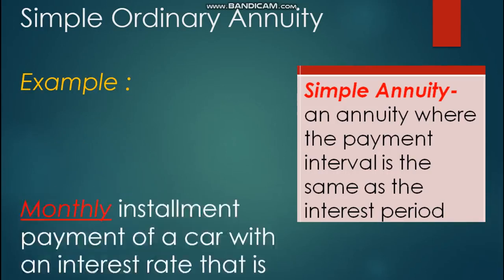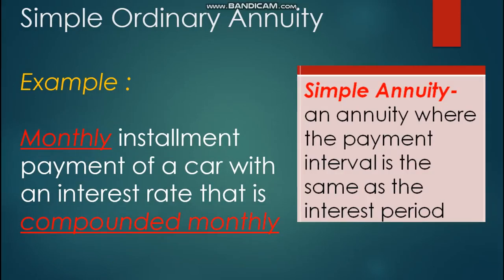For example, monthly installment payment of a car with an interest rate that is compounded monthly. So, mapapansin ninyo, yung ating payment interval is monthly at yung length ng ating compounding period is also monthly. Therefore, this kind of problem will be part of the topic na simple annuity.